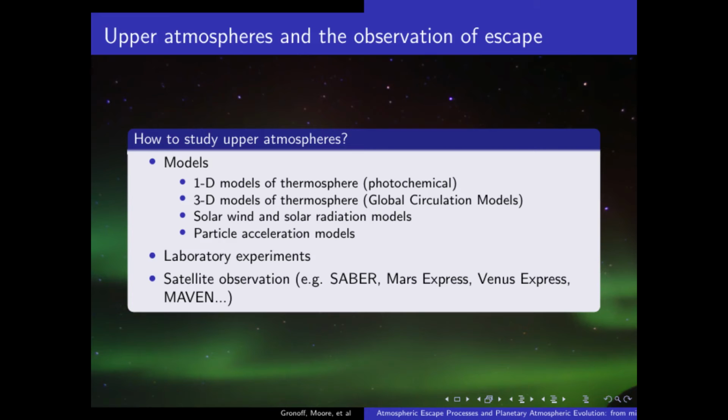Satellite observations are really necessary to validate our models. The SABRE mission, Mars Express, Venus Express, and the MAVEN mission really helped understanding all these escape processes. And there are several other missions, of course, that work on this subject.